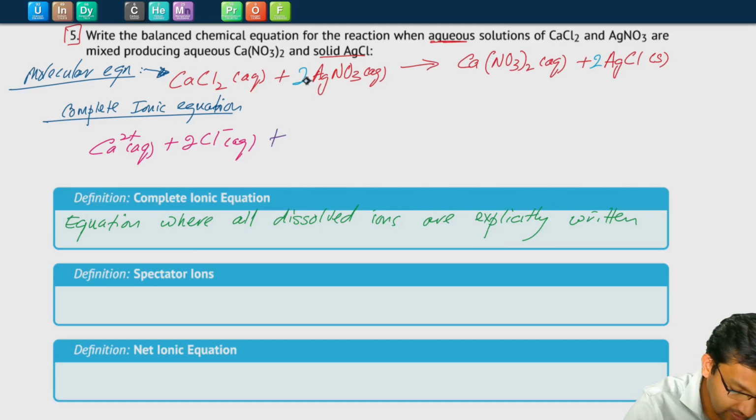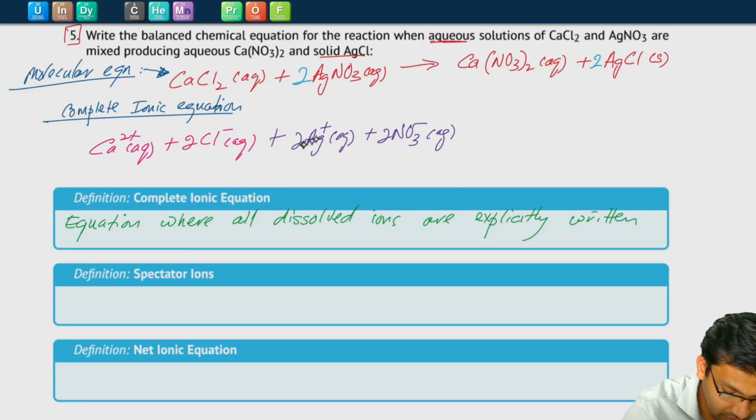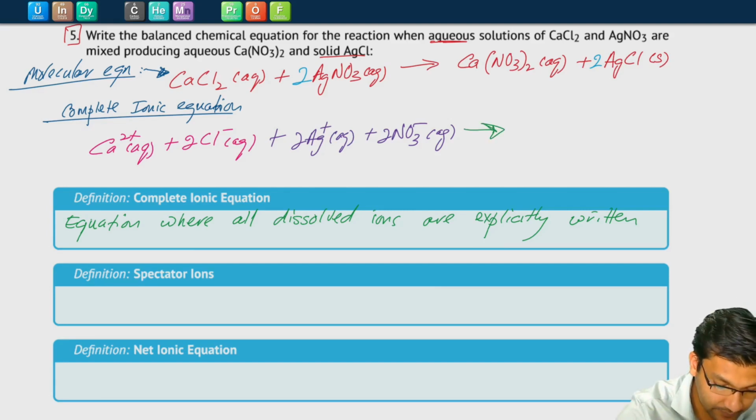Let's look at the second compound, silver nitrate. We have 2 silver, so that's 2 silver. Silver has a charge of +1, so AQ. Plus 2 nitrates, so 2 NO3 minus AQ. Two positive charges, two minus charges, so they balance out. And if you're not sure what the formulas for these ions are or what their charges are, this is where our ion table comes in that we had to memorize.